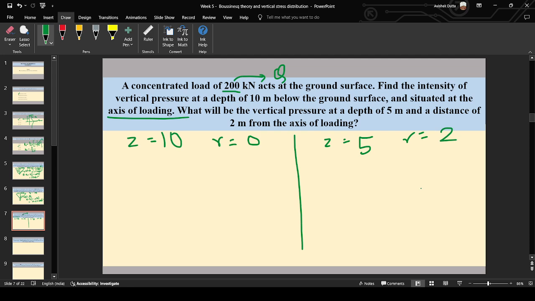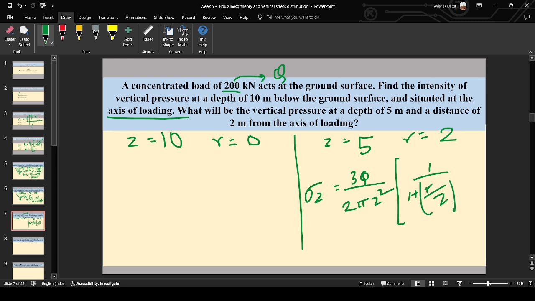So here we have the formula. The main formula is sigma z equals 3q divided by 2 pi z square, into 1 divided by 1 plus r by z whole square, whole to the power 5 by 2.